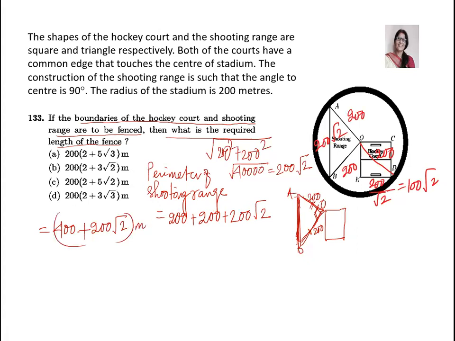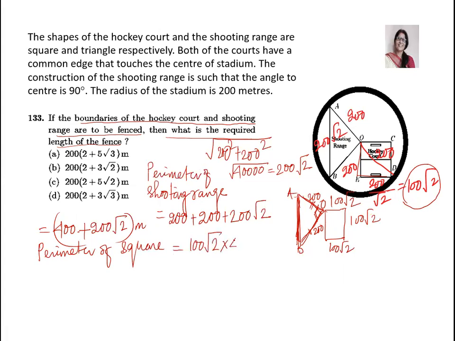Now coming to the square, there we have already found the side, 100 root 2, which we calculated in the first part. Perimeter means 4 sides, so 4 into 100 root 2. The perimeter of the square is 400 root 2. So now take the sum.